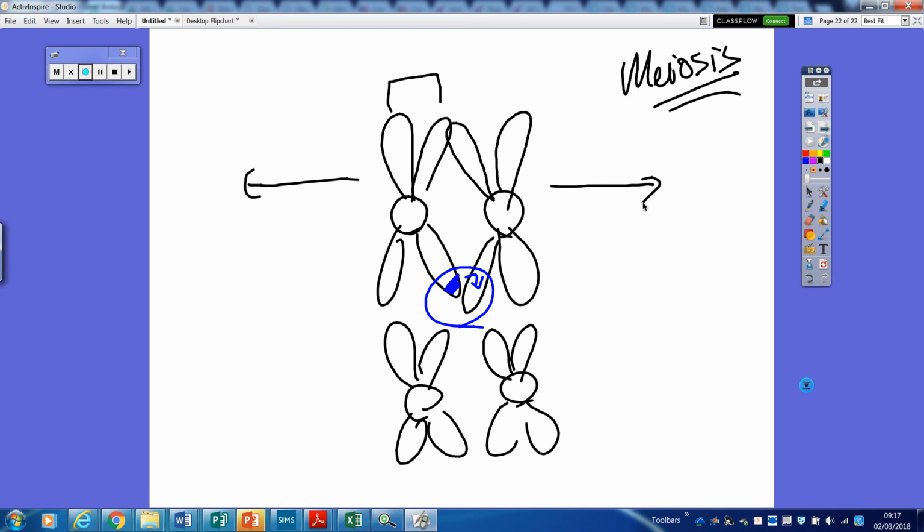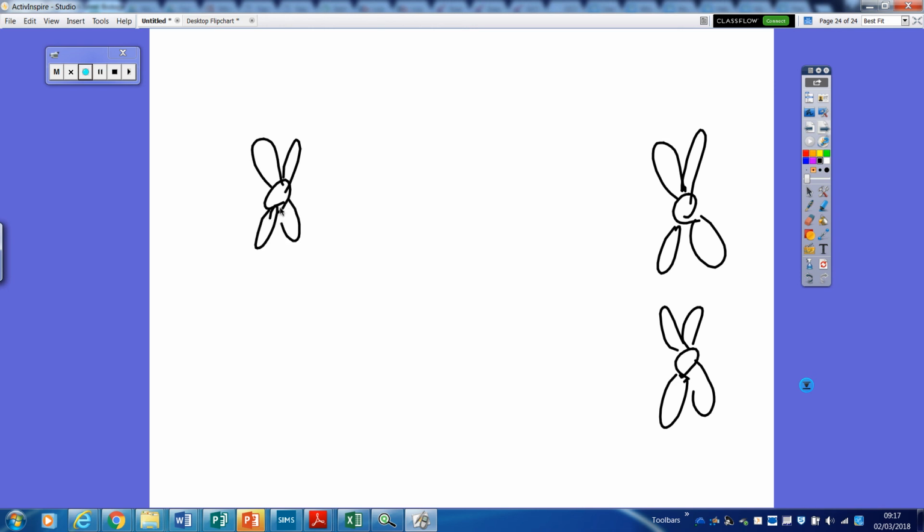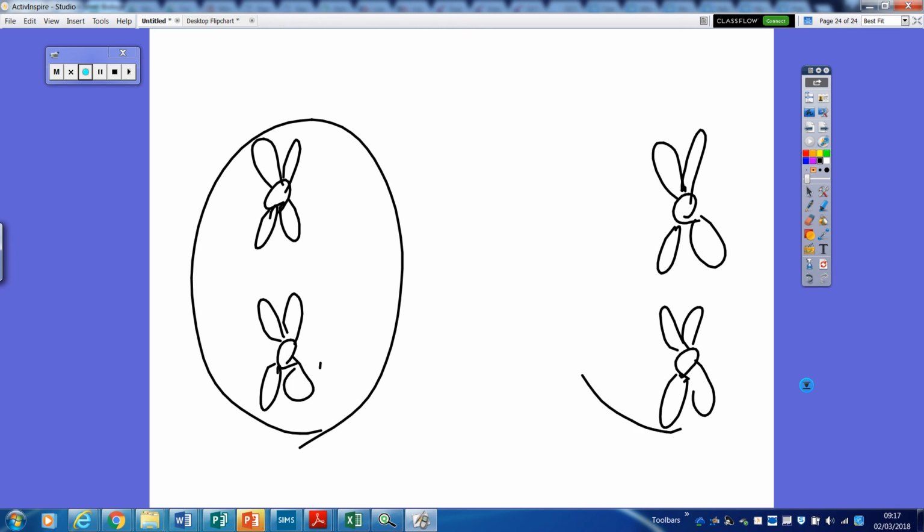And then what happens is, when we've got 2 nuclei that have all these sister chromatids, but only one copy of each chromosome, what then happens is, these start to pull apart in a second division.